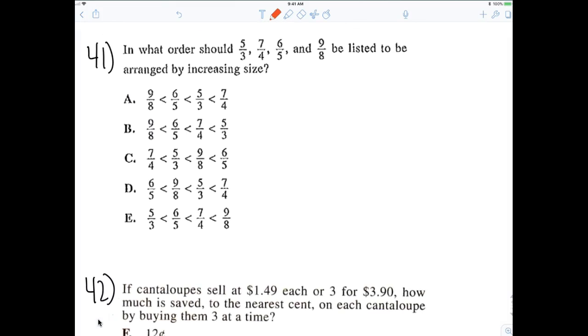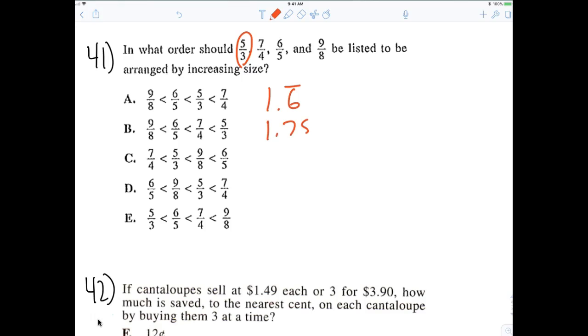All right. Now, for these, I would want you to know what's 5 divided by 3. Everybody should be able to tell me 5/3 is 1.6 repeated. 7/4 is what?